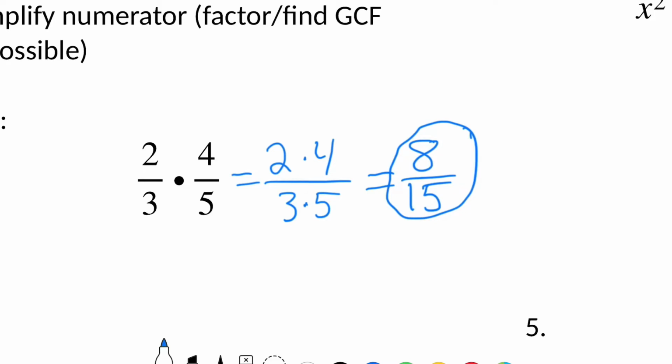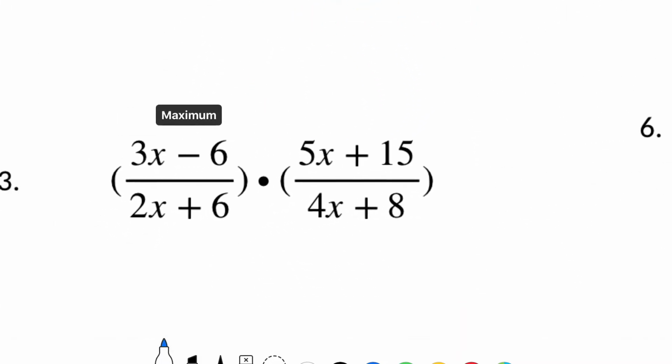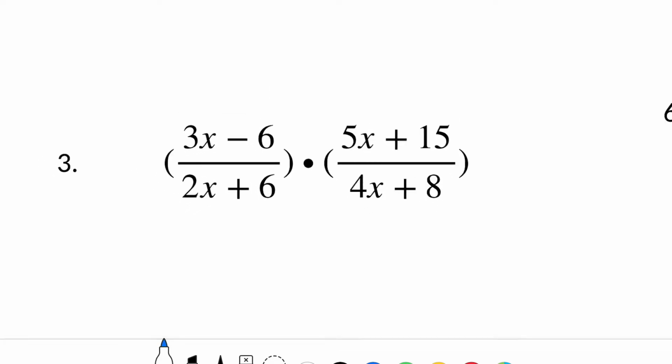So let's do a little bit harder. Let's look at number 3. Number 3, we are having to factor everything first, then see if we can simplify or cancel out anything. So let's factor the first part.